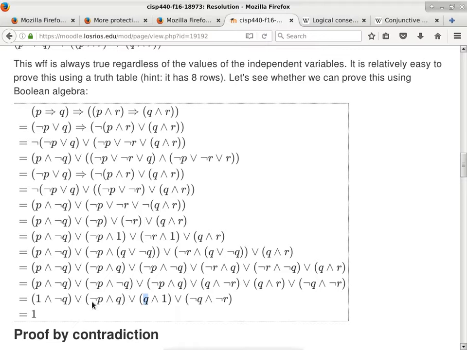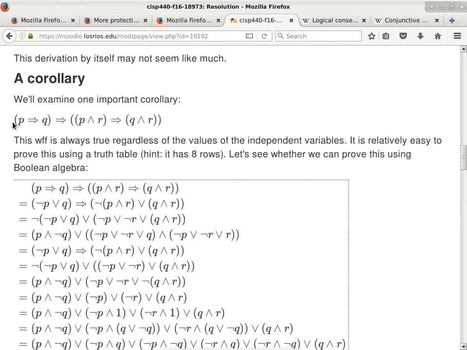And once you have true or whatever, the whole thing is true already. So this is the conclusion of the proof that this does work.